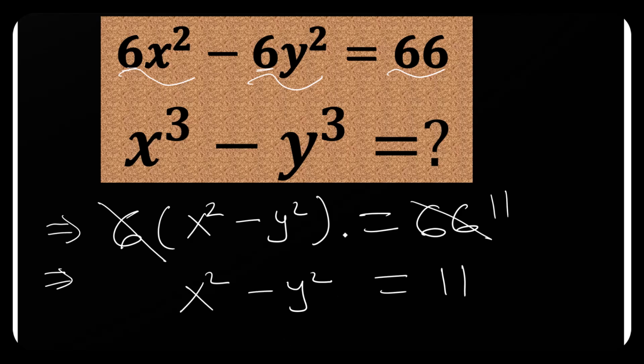As simple as that. Now, the left hand side is a typical difference of two squares. So we can say x plus y, x minus y. Or you can start with x minus y before that. You get the same thing, equals 11.